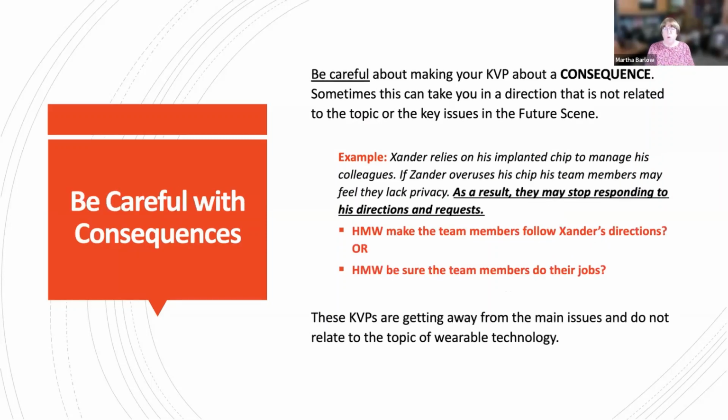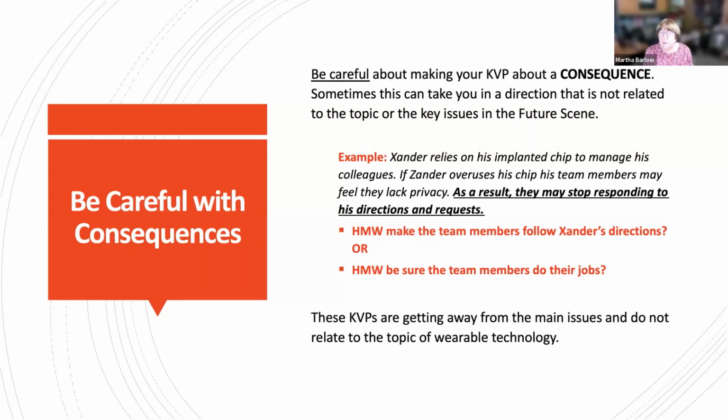Now, when it comes to the consequence, my advice is to be very careful about making your KVP about a consequence. Sometimes this can work, but often it takes you in a direction that is either not related to the topic or not a key issue in the future scene. So for example, here, he relies on his chip. If he overuses it, his team members might feel they lack privacy.